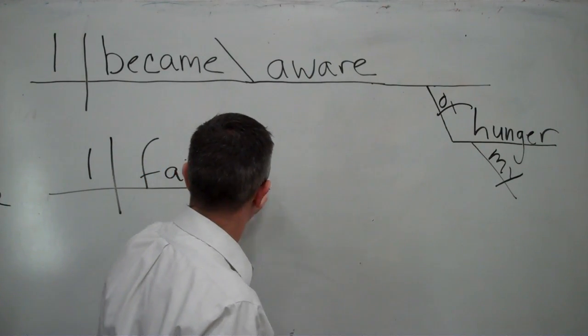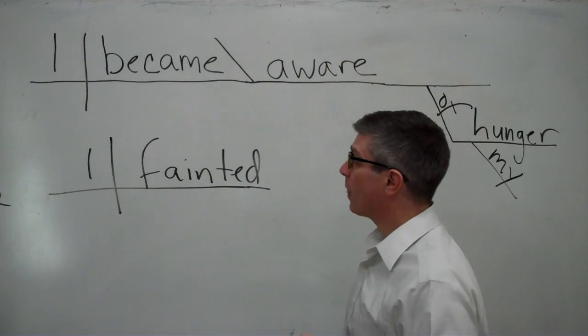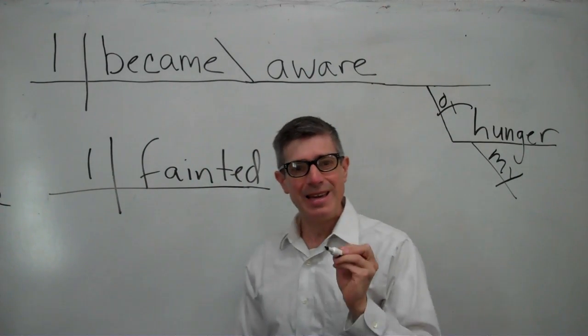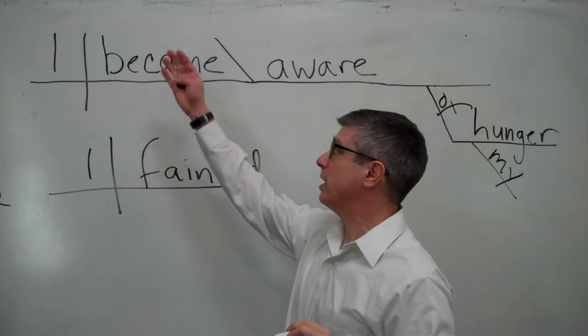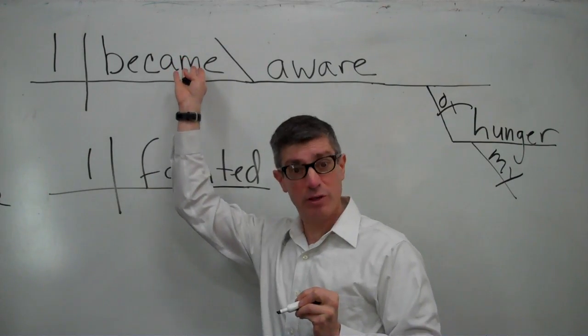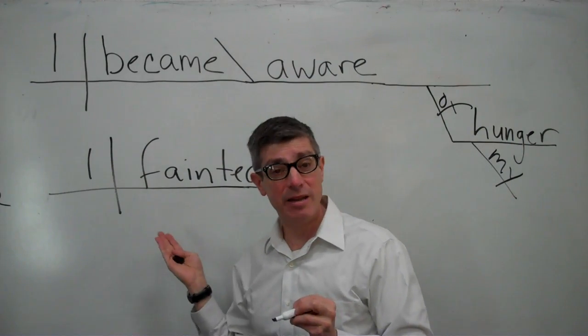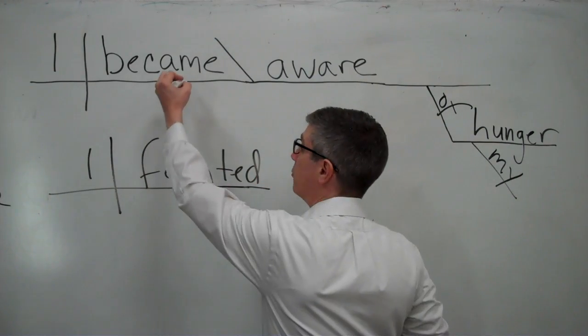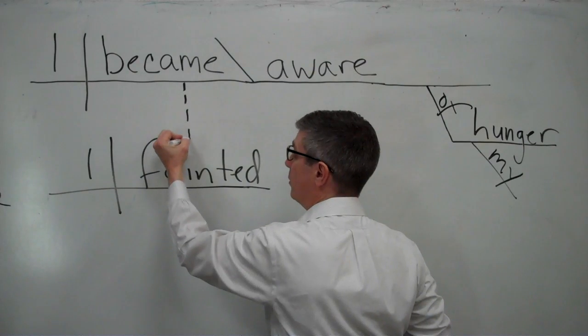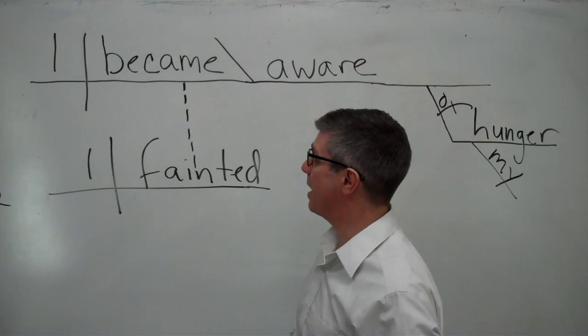Now what we do with adverbial clauses is we draw a dotted line between the verb that's being modified, in this case became, and the verb in the subordinate clause. So we draw a line between became and fainted.